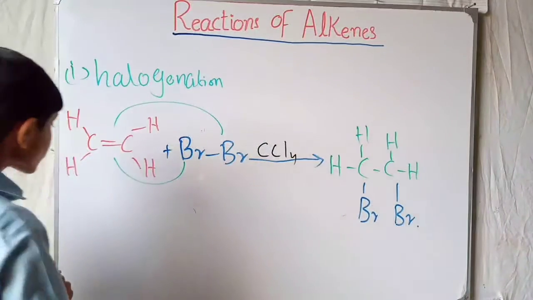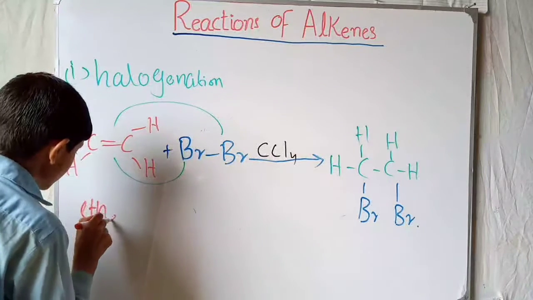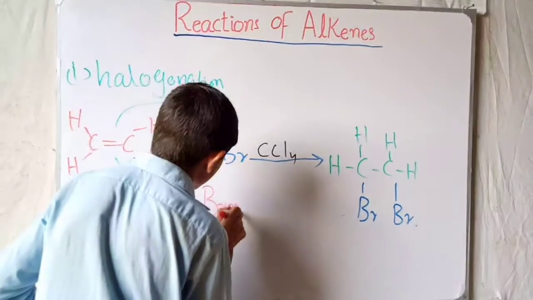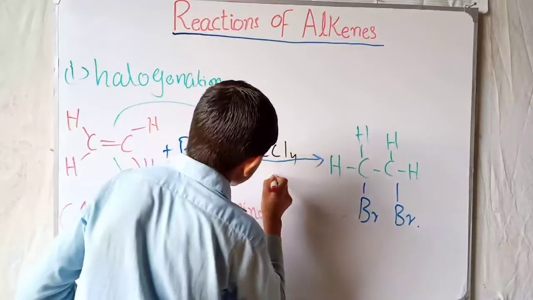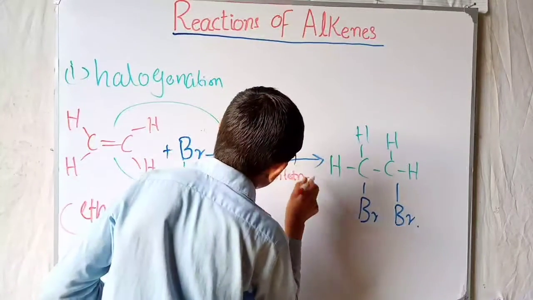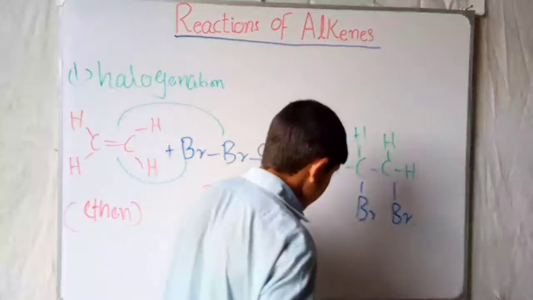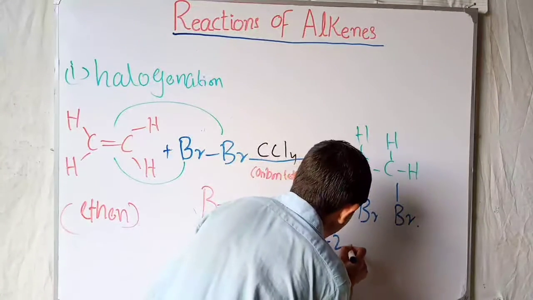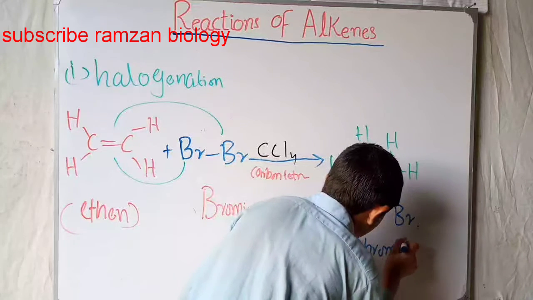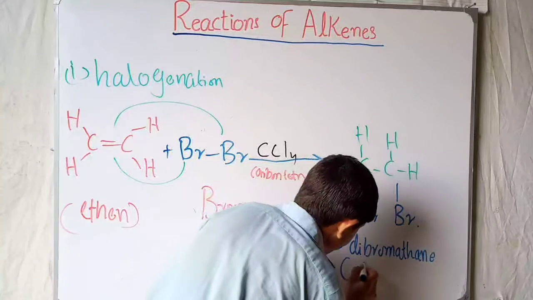So this was ethene, this was bromine, and this was carbon tetrachloride, and it gives us 1,2-dibromoethane, and it is colorless.